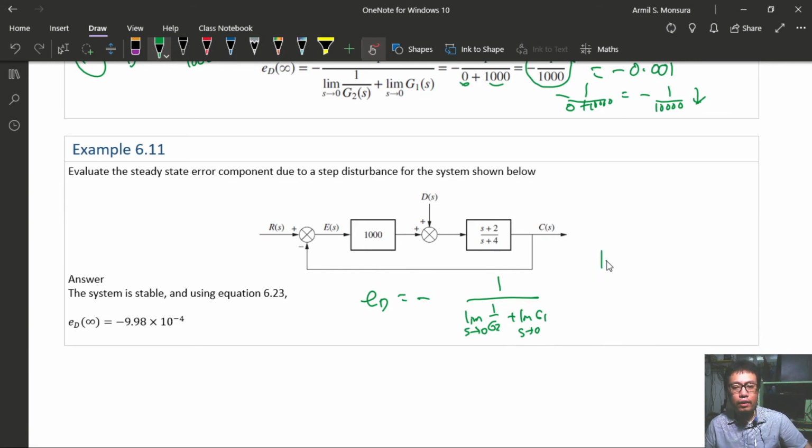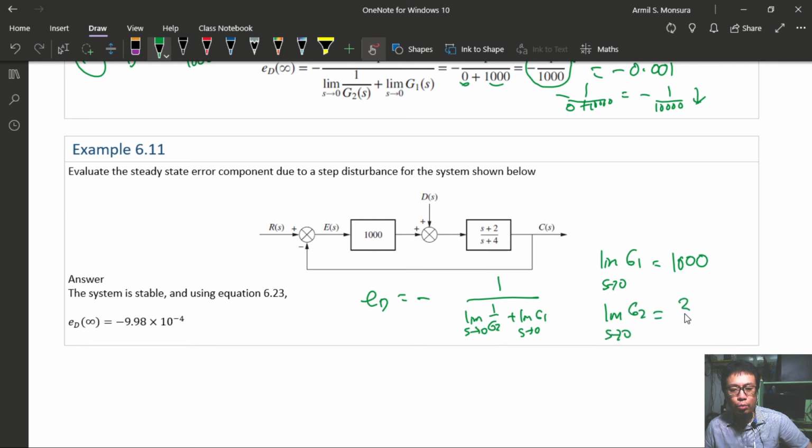Let us evaluate the DC gain of G1 as S approaches 0. This is simply the limit of 1,000, that is simply 1,000. G1 is a constant, so that is basically 1,000. Now for number 2, we will have the limit of G2 as S approaches 0.